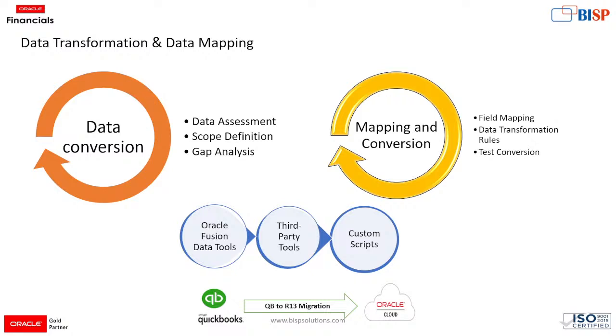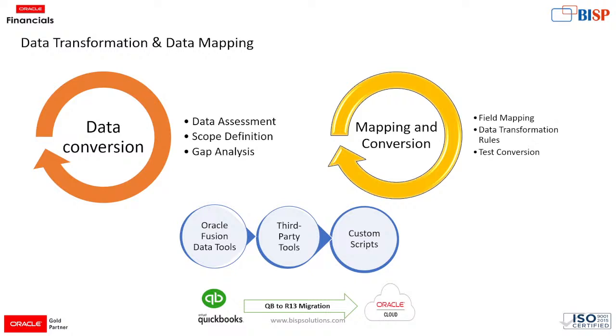The field mapping, the first one. To integrate your source QuickBooks system with Oracle Fusion, you will need to map the specific field in QuickBooks to the corresponding field in Oracle Fusion. This will ensure that data is properly transferred and synchronized between the two systems. It is important to carefully review and match each field to avoid any discrepancies or error in integration.